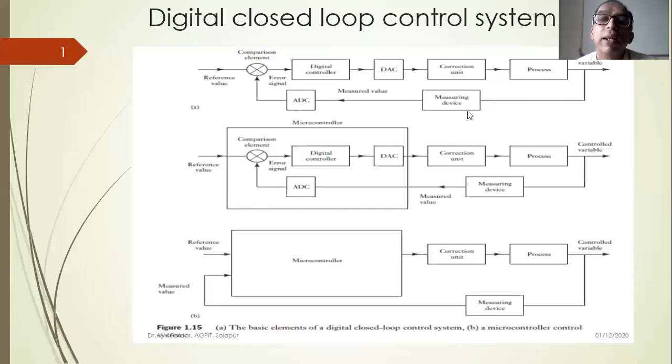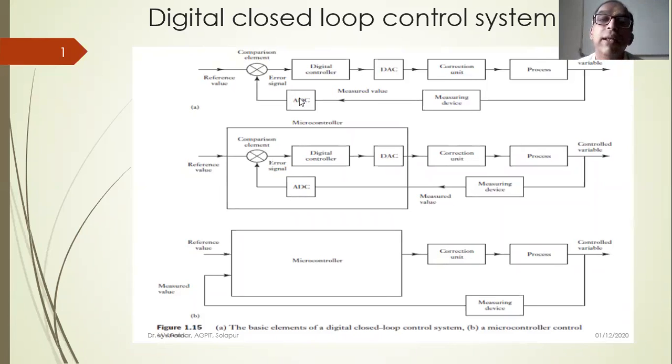I should convert that transduced signal into a digital value, and then you have a comparator. Of course, this will also be a digital device. So digital comparator, and then you have the digital controller. Once the control logic is executed, this digital output of the digital controller should be converted into an appropriate analog signal, and then given to the actuating unit, and then the process will be controlled.